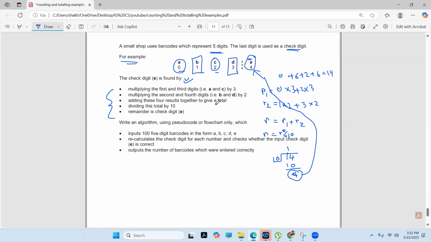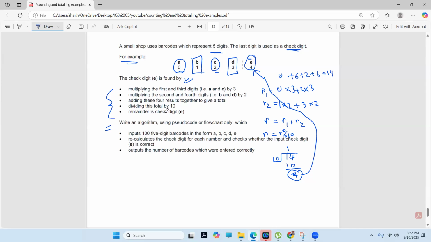So we understand how to calculate using the example they gave us. The fifth digit represents the check digit, and calculating from the four digits, we get our check digit. Now, what do they want from us?